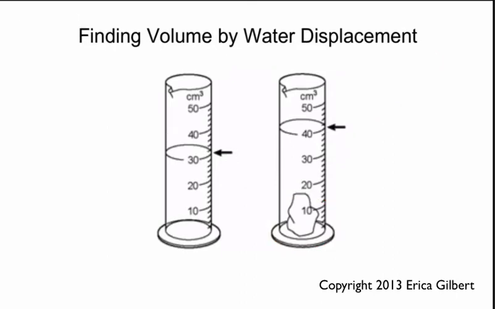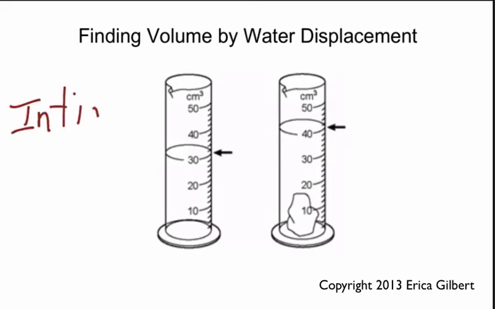So let's take a look at what we have. What we initially do is we start off with a graduated cylinder. And so we fill our graduated cylinder up with a particular amount of water, enough water to where you know that it will cover the object. And so when we write down the initial volume, whatever that volume is initially, we write it down.